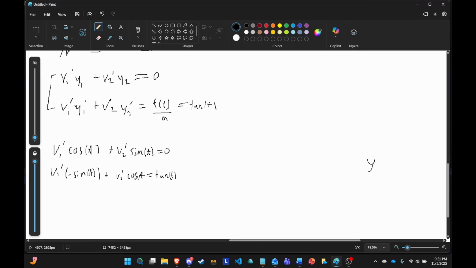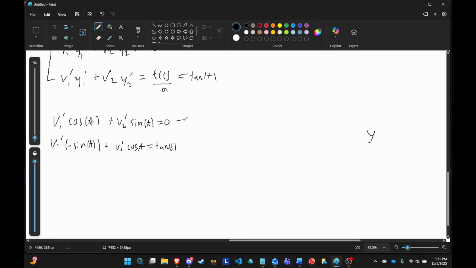Awesome. What's left from here is we need to figure out what v1 and v2 are. Right now they're in their prime form, they've been differentiated, but we can still put this system of equations into matrix form, and that will allow us to find v1 prime and v2 prime. So it'll look kind of like this. This is the matrix algebra portion of the class.